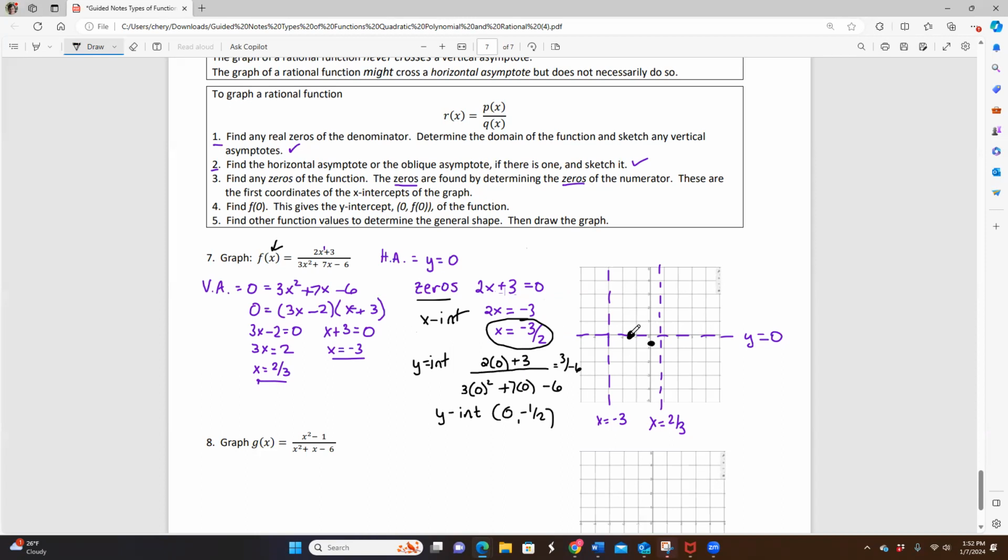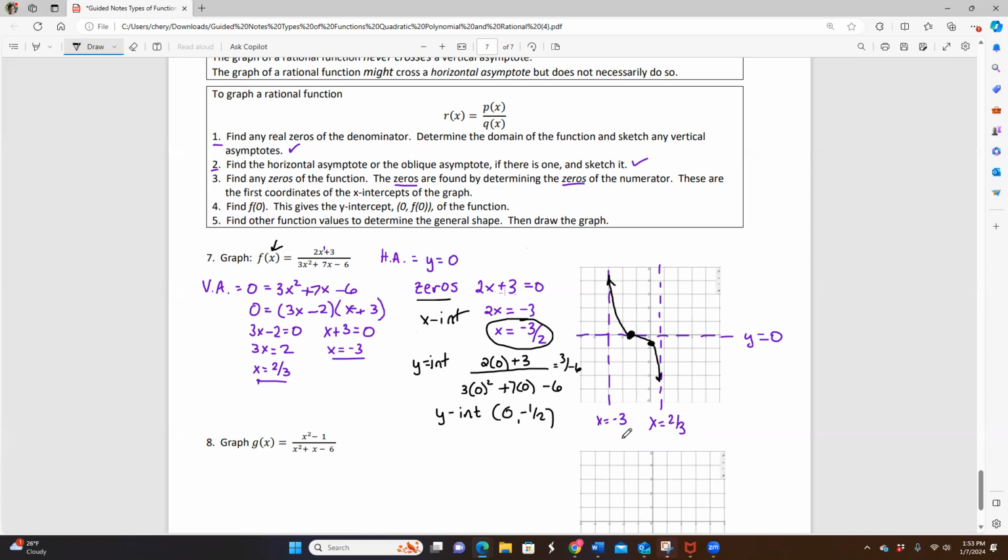So I know that this curve is not going to cross this x-axis again, which means that it's got to approach that asymptote this way, and approach that asymptote that way. We're also not going to cross the x-axis again over here because my only x-intercept is negative 3/2. Now we only have to determine the ends, what's going on to the left of my x equals negative 3 vertical asymptote, or what's going on to the right of this x equals 2/3.